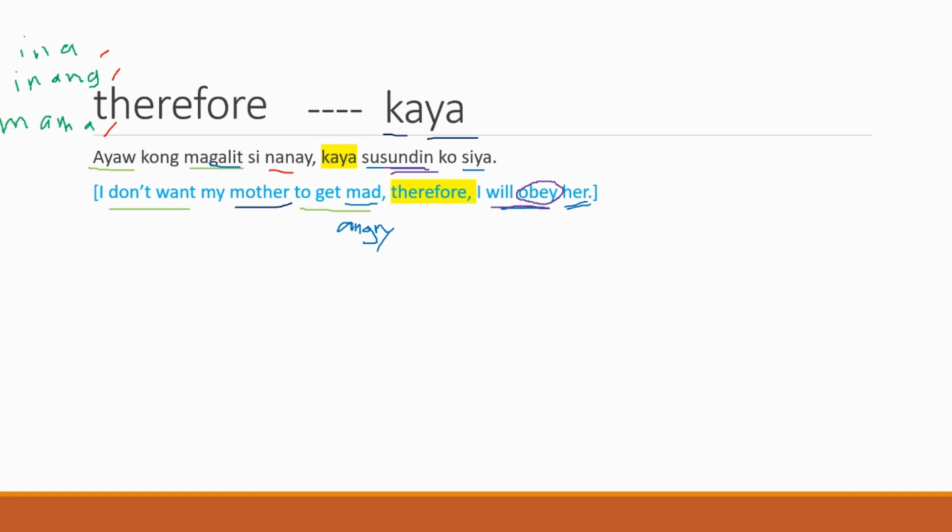And this siya denotes your mother. In Filipino, we don't use her, his, or any pronoun, but the equivalent of that is siya. Because we already know that we are talking about your mother, which is nanay. So in the next phrase, we do not use nanay again, but we use the pronoun siya. Siya could be used for her or for him in Filipino.